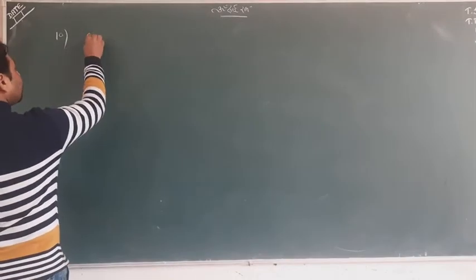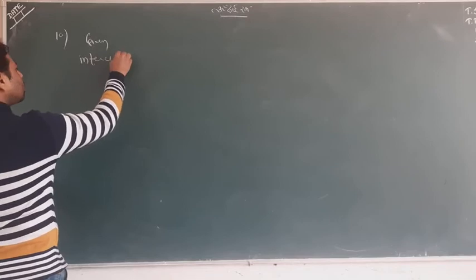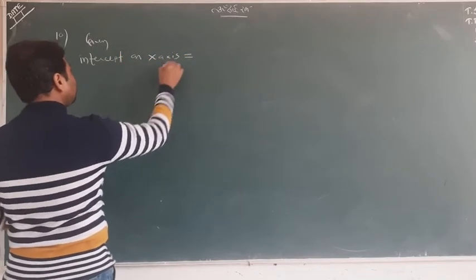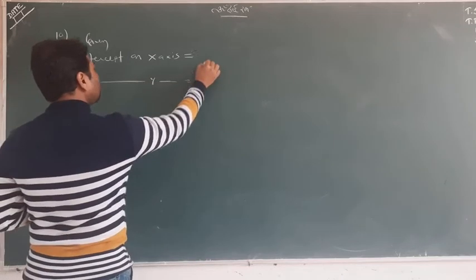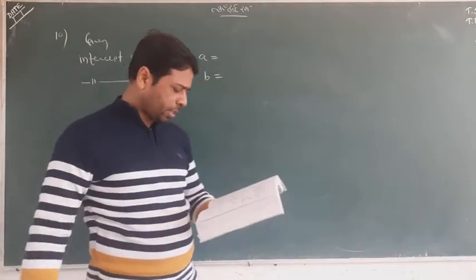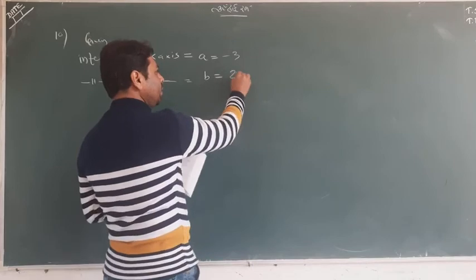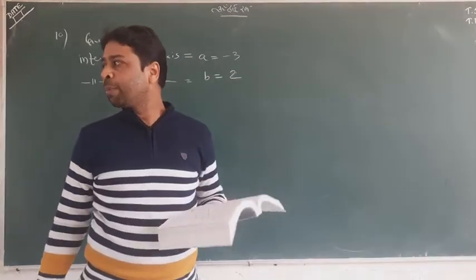So I write here, the intercept on the x-axis is given and the intercept on the y-axis is given. You know that this is called A and this is called B. The intercept on the x-axis is minus 3, the intercept on the y-axis is 2, and they are called A and B respectively.